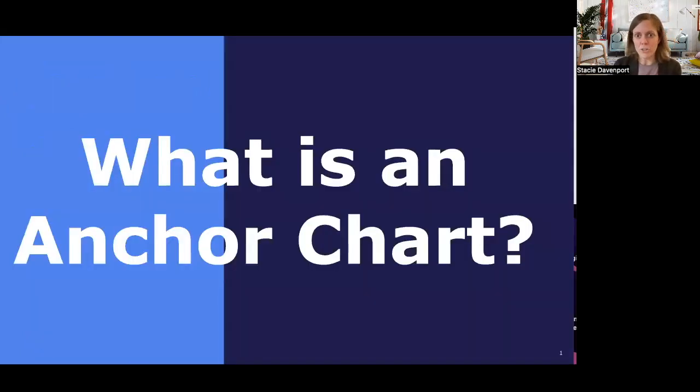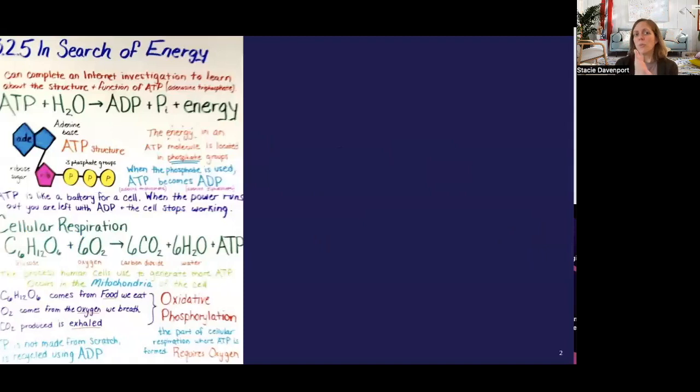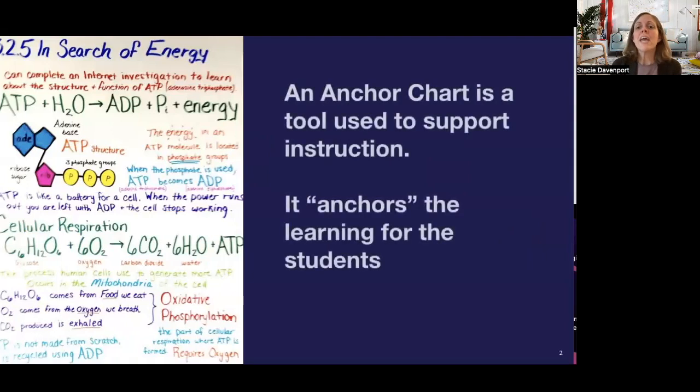What is an anchor chart? So here are some little examples of anchor charts, and some of these are quite full of information. An anchor chart is a tool used to support instruction, and it anchors the learning for the students. So the idea is, nowadays, everything is on a big screen that we show our students, and then we expect them to remember everything.